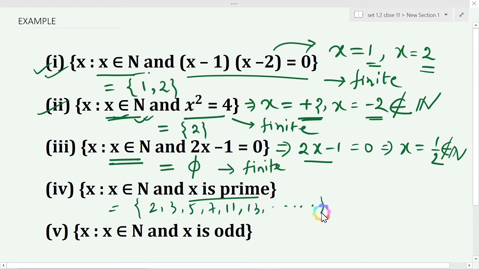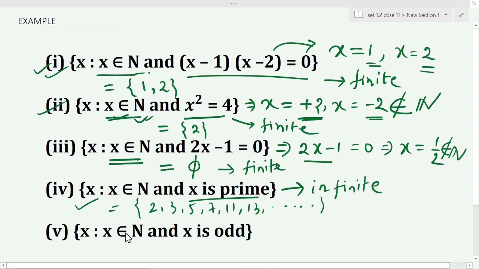Okay, now the number of prime numbers are infinite, we cannot count them. Okay, and all the prime numbers are the elements of this set, so it is uncountable. So the elements are uncountable for this set. Okay, so this is an infinite set.